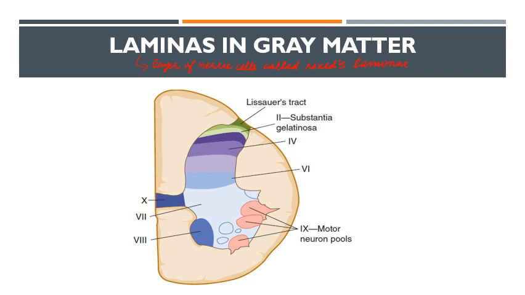The dorsal and ventral gray matter of spinal cord is divided into 10 laminas on each side.